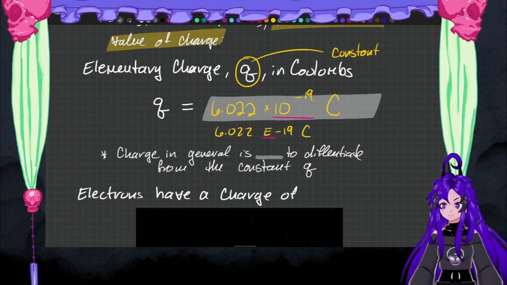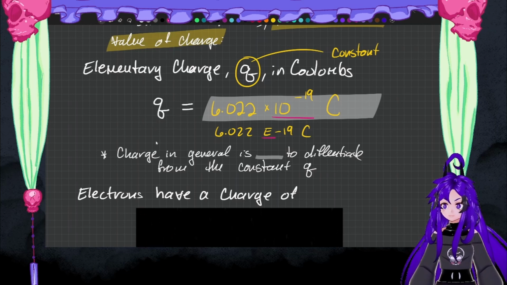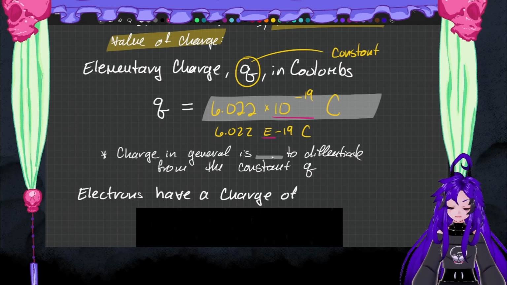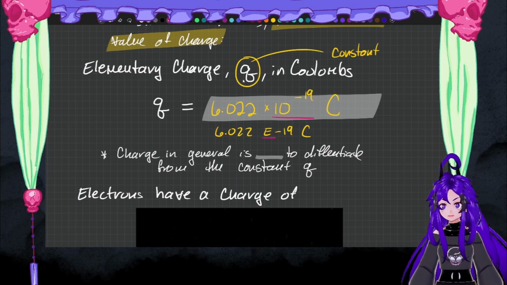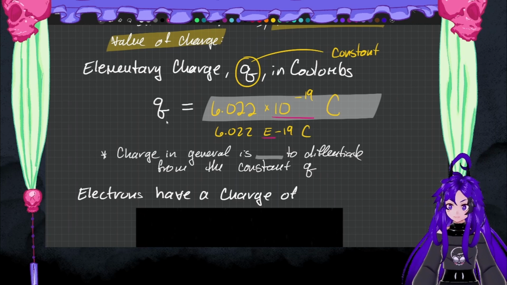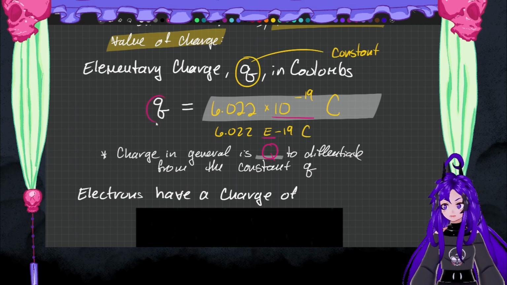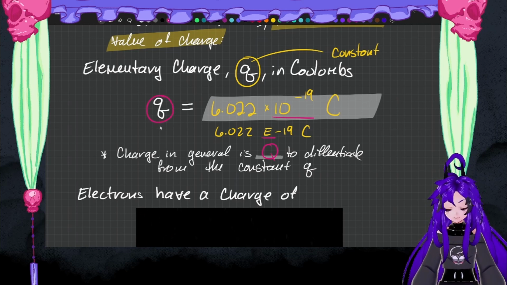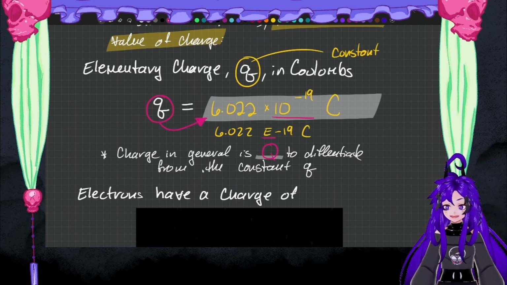Okay. So this is a constant. So there's a general measure of charge, right? Because some things aren't going to be just Q, right? But we need to know about it. And so we represent that with capital Q to differentiate. But little q is our constant, and anytime you see little q from now on in electricity, it's gonna be this number.